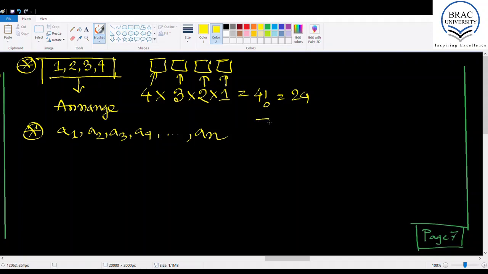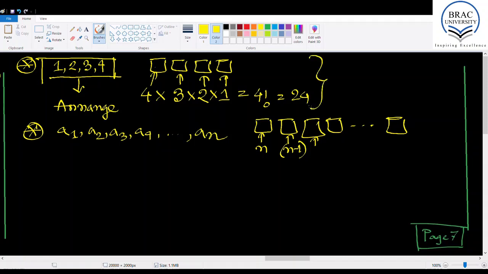Very simple. Since we have to use all of these elements, there must be n slots for these n elements. So for the first slot there would be n options, for the second slot n minus 1 options, sorry, because you can use these elements only once. Okay, so I have to mention that what we are studying now is permutation without repetition.